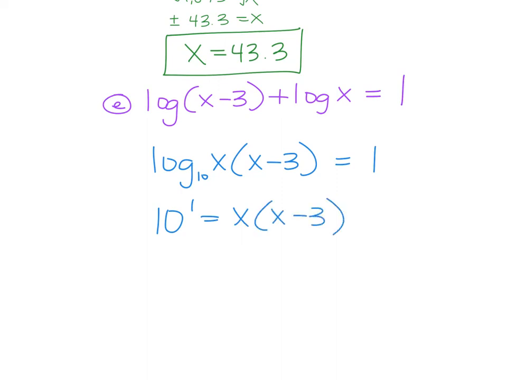Okay, we need to solve for x. So I would distribute this. 10 equals x squared minus 3x. Is this looking familiar to you? Go back a few chapters. What do we have? Starts with a Q. Quadratic. This is a quadratic, right?